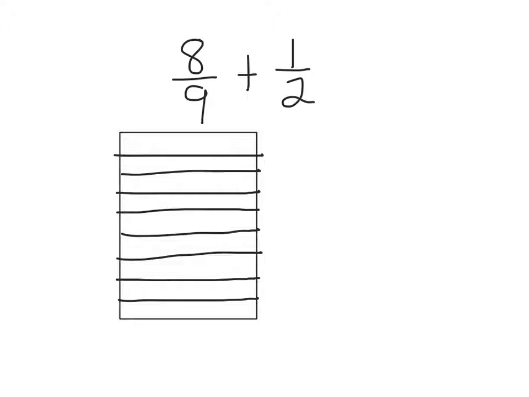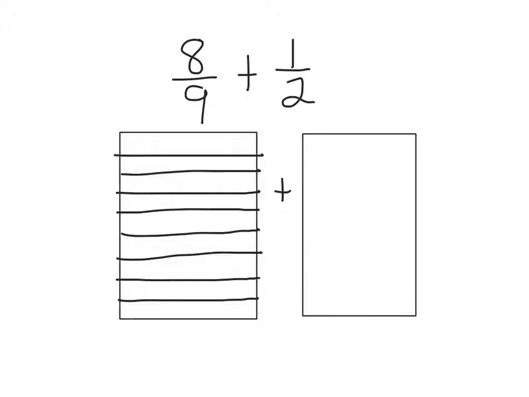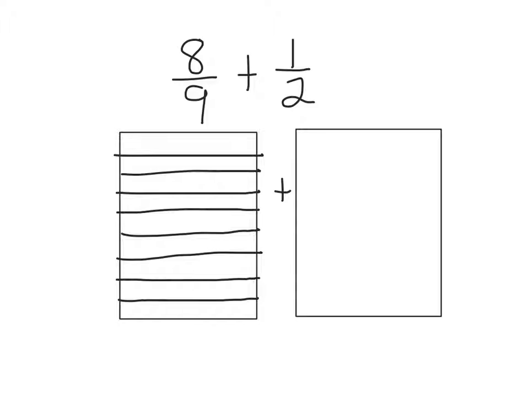Fantastic. Then I'm going to add in another area box right here. And this one is broken into 2 parts, which means I just have to draw one line right here. And bam, there we have it.